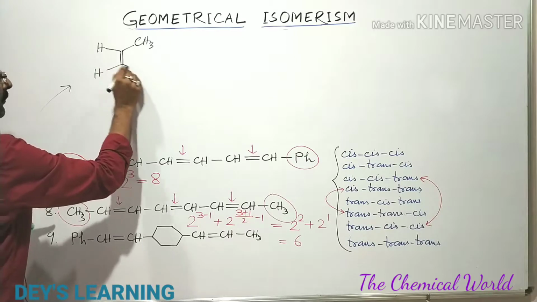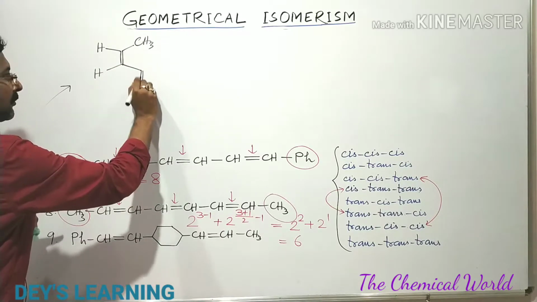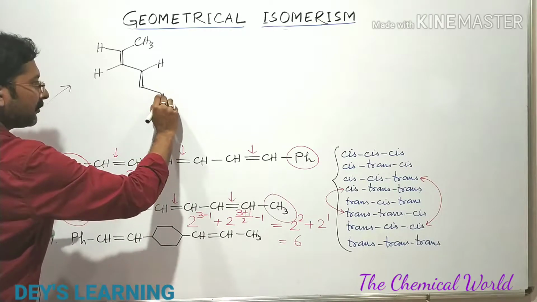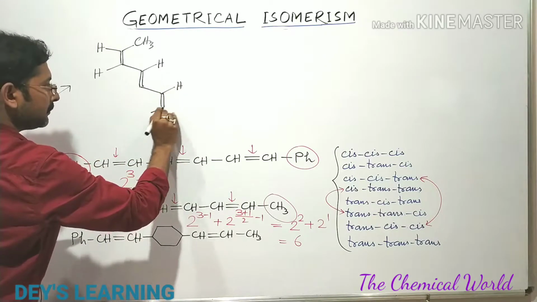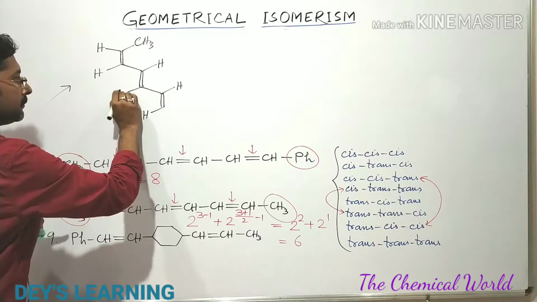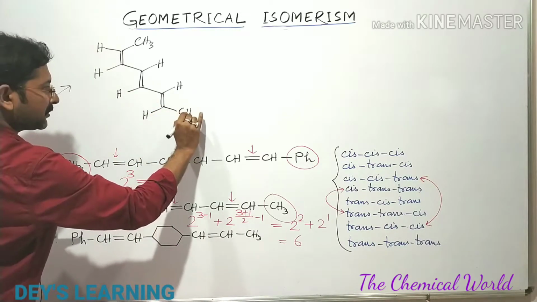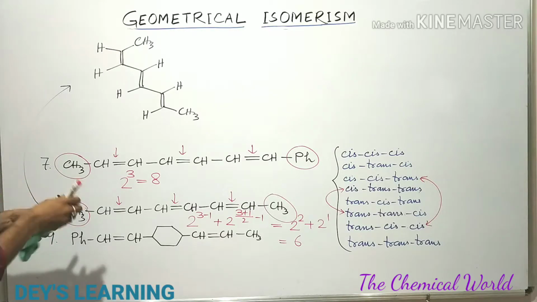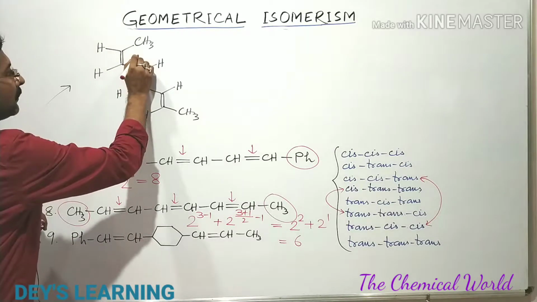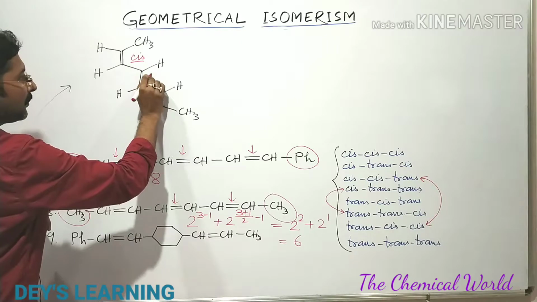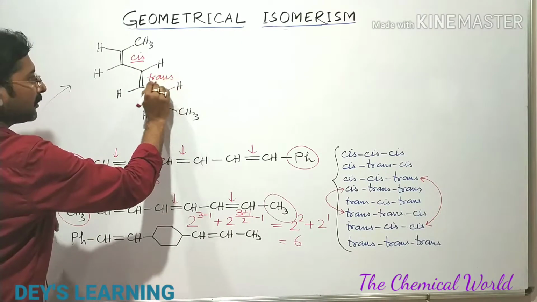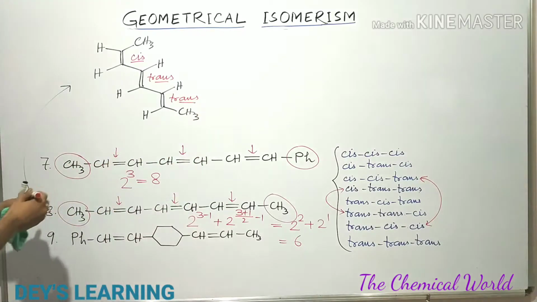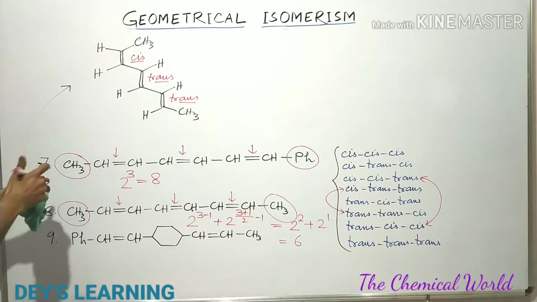This is cis, now it is trans, now again it is trans. This is the structure. I can write this one is cis, this double bond is trans, and obviously this double bond is trans. This is the cis trans trans form of compound number 8.